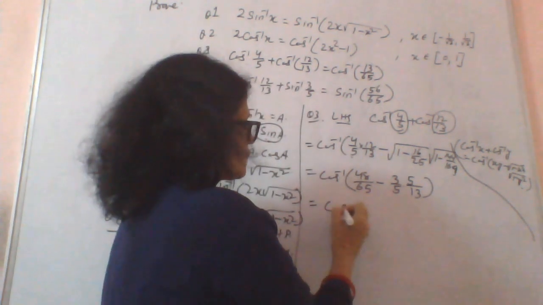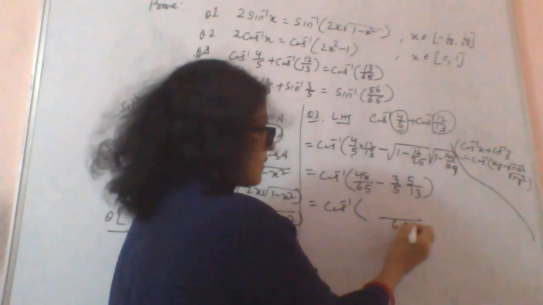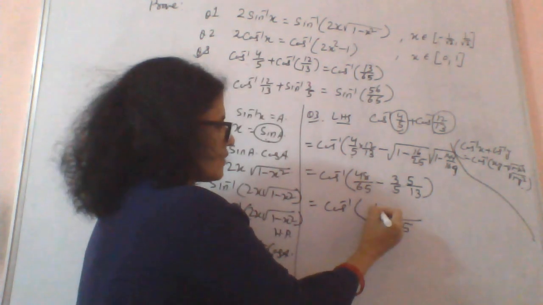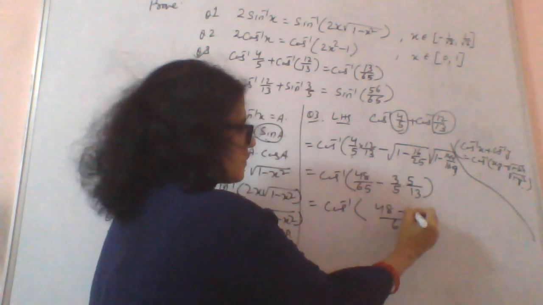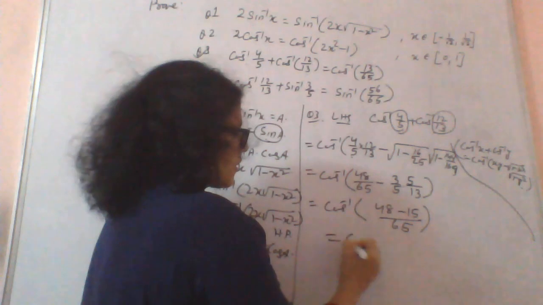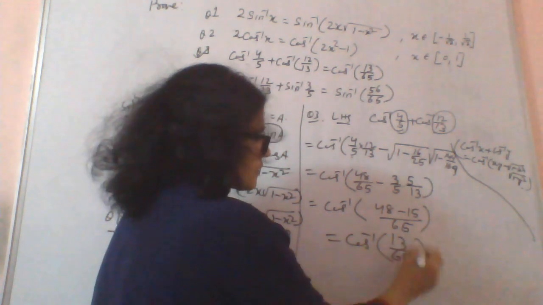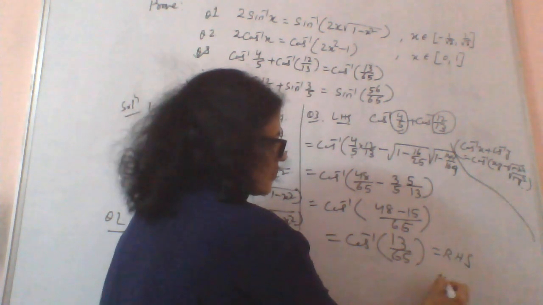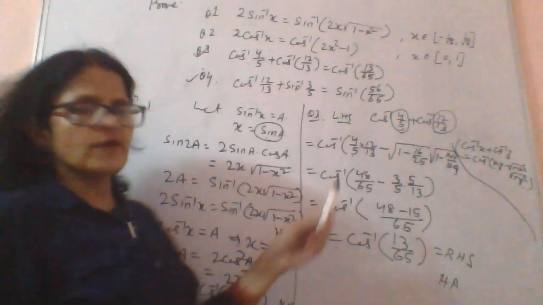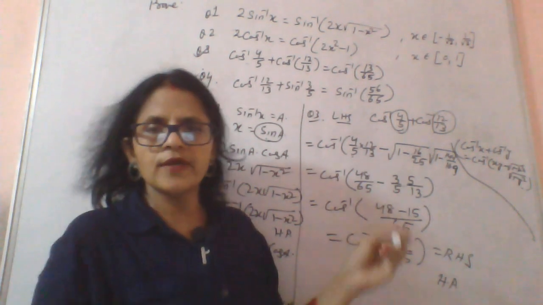So cos inverse, with LCM 65, it is 48 minus 15. So you are getting cos inverse 33 by 65, which we require. Hence proved. This formula is quite direct, so if you know the formula you can use it directly.